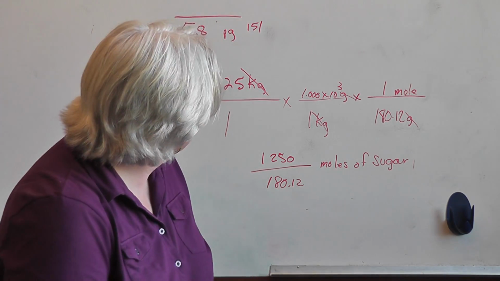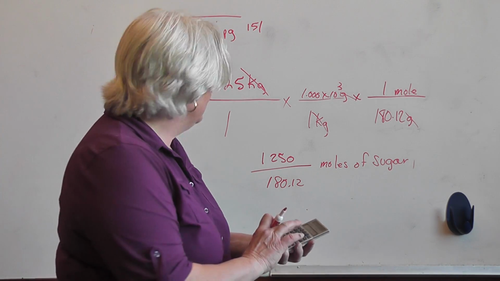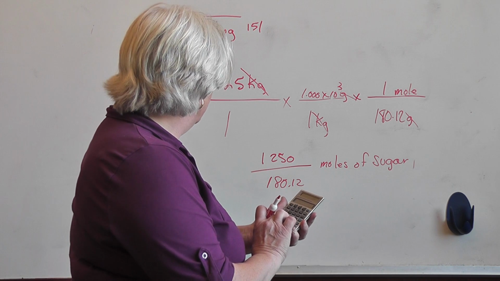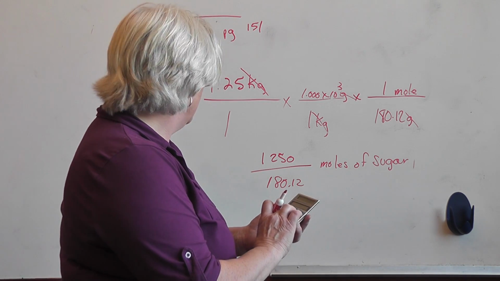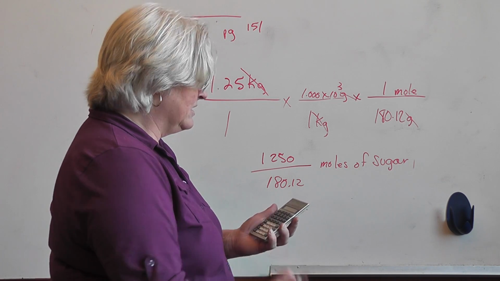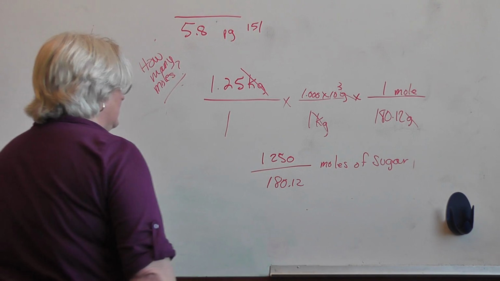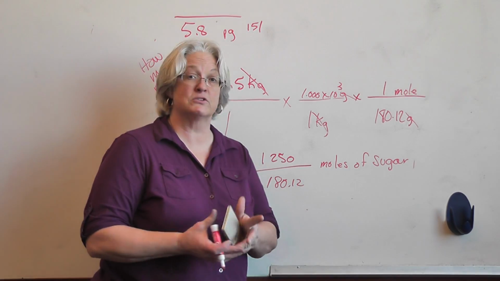It's right here. This is problem 5.8. And we have 1250 divided by 180.12 gives us 6.939 and so on. How many significant figures?